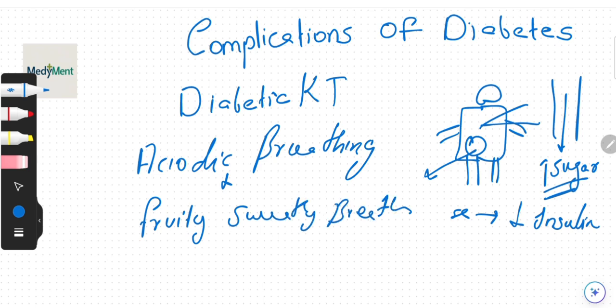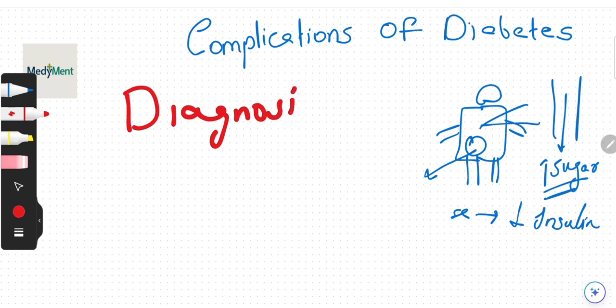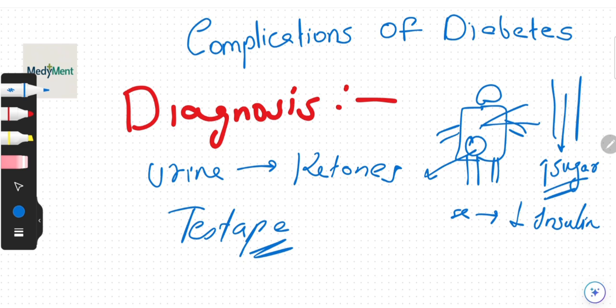So, how do you diagnose this? Basically, we take a urine sample test, and the presence of ketones in the urine proves our point. We use a chemical test known as test tape to find out. So, how do we treat this?